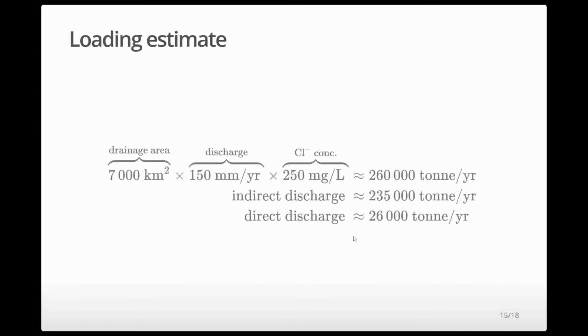This equates to 260,000 metric tons per year of chloride being injected into the lake from deep groundwater sources. This amounts to 26,000 tons per year of direct discharge along the shoreline, and the remaining being indirect, if we take the information from the models.